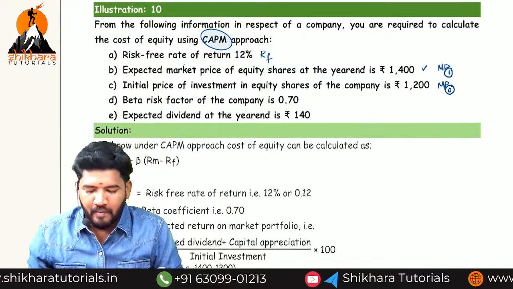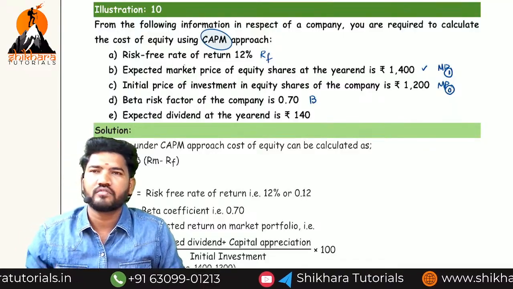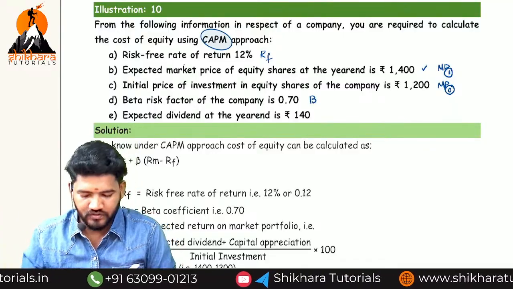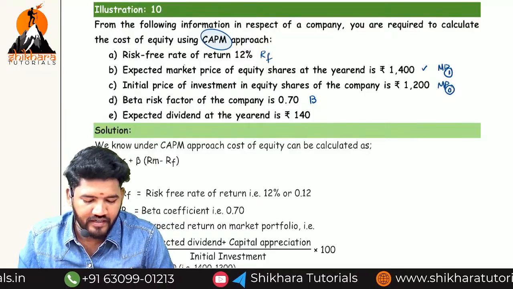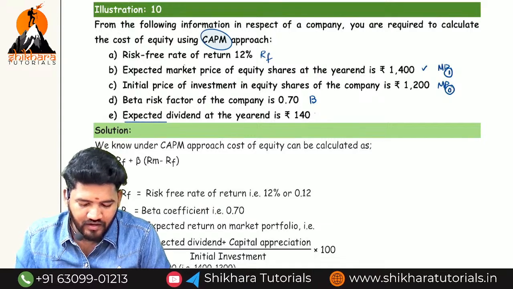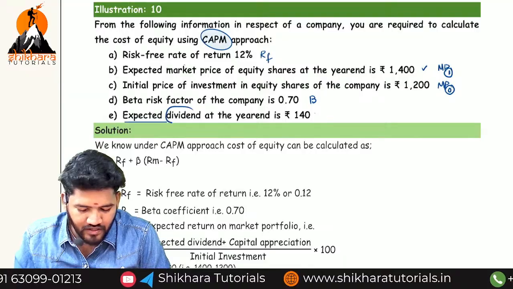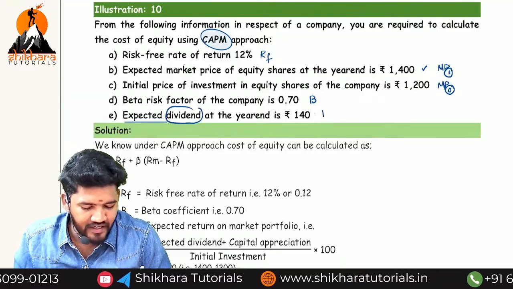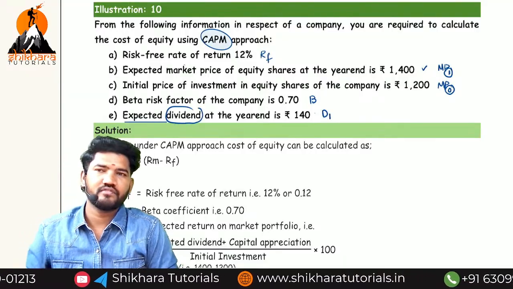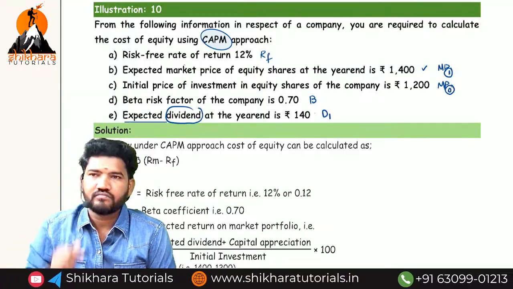Okay, then fine. Beta, the risk factor of the company, is directly given. Expected dividend at the end of the year is 140. So expected means what? Current period or future period? Dividend, can I name it D1 or D0? Why D1? Future.